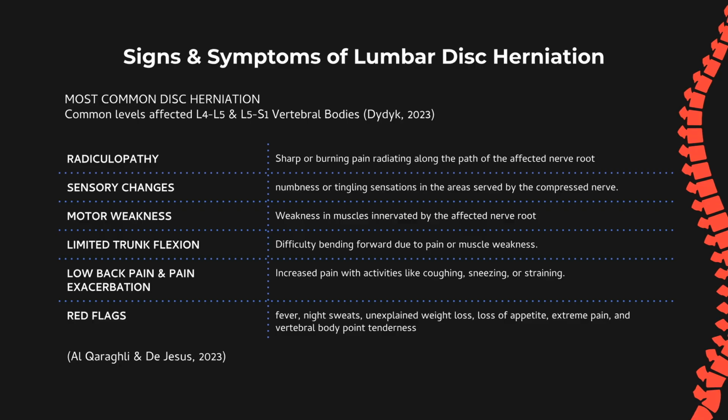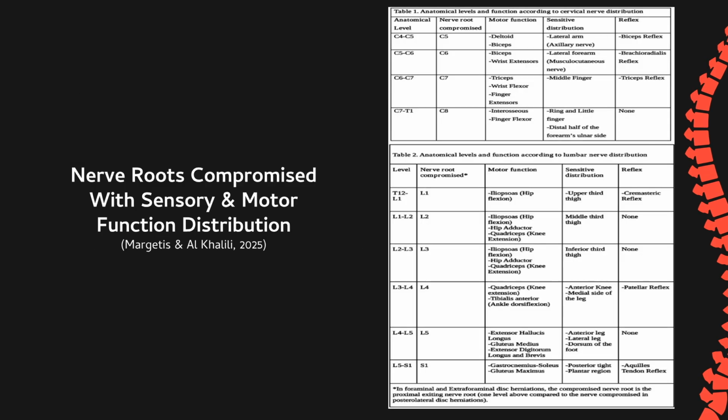And then it could also cause low back pain, and pain exacerbation, with increased pain with activities like coughing, sneezing, or straining. And some red flags to look out for would be a fever, night sweats, unexplained weight loss, loss of appetite, extreme pain, and vertebral body point tenderness.